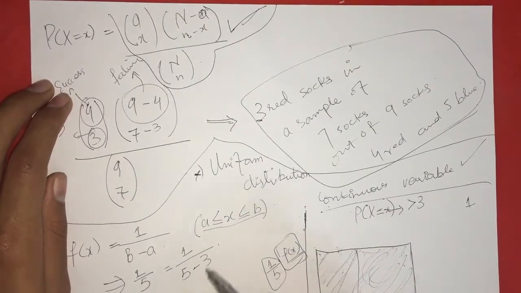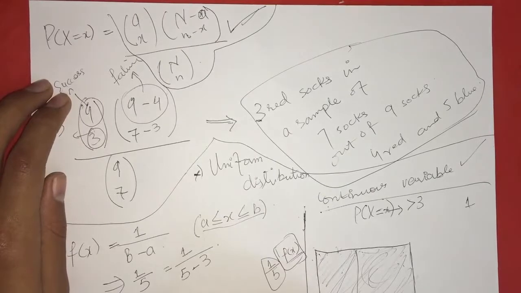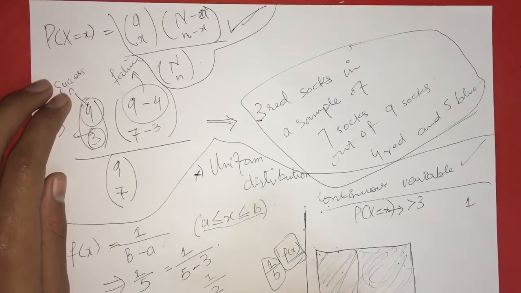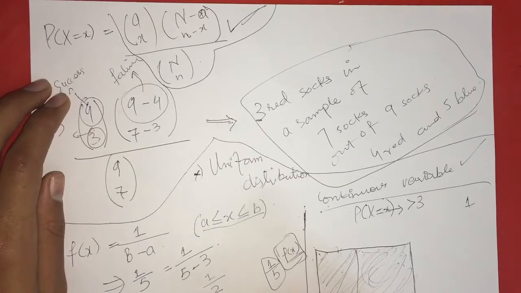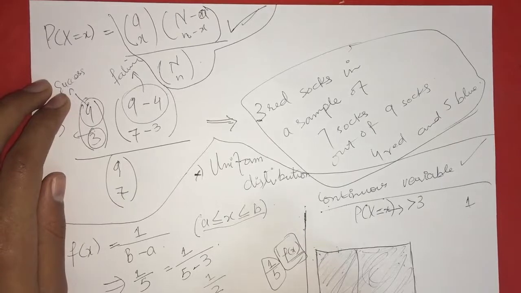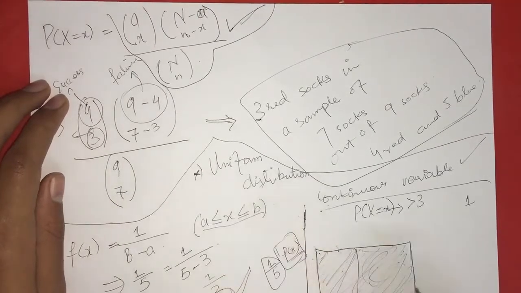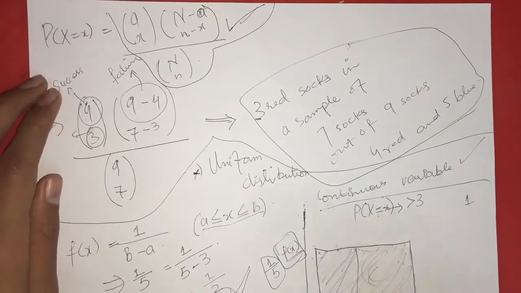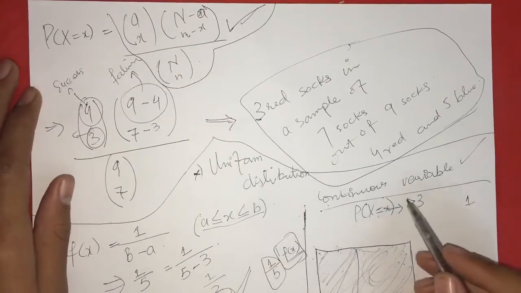So 5 minus 3, and you have 1 by 5 equals 1 by 2. When you shift 2 to that side, you have 2 by 5. So that is your probability for when x takes on the value of little x that is greater than 3.